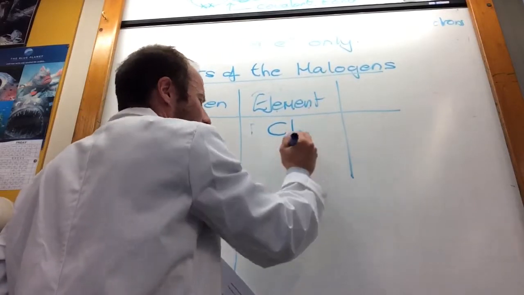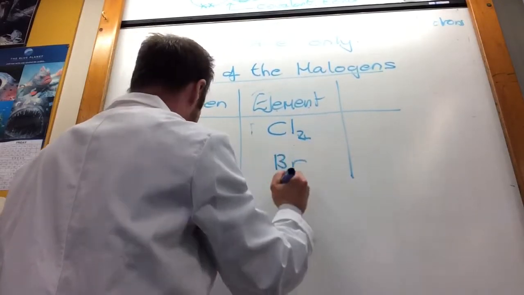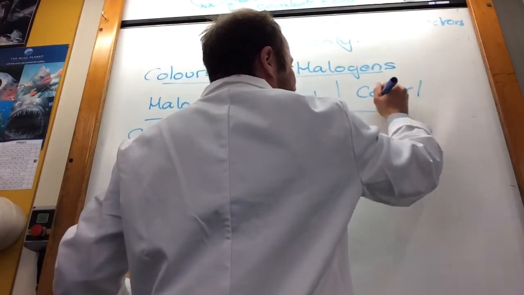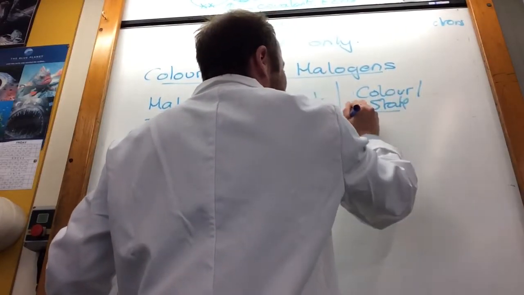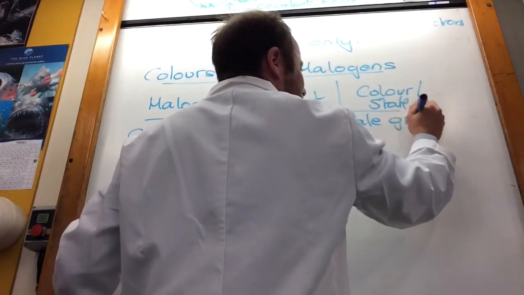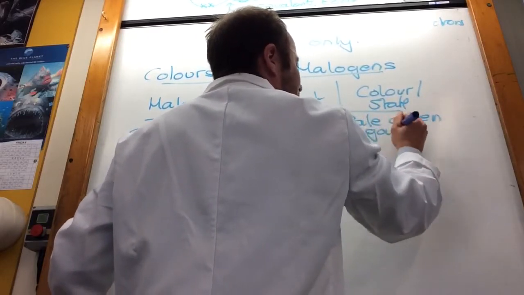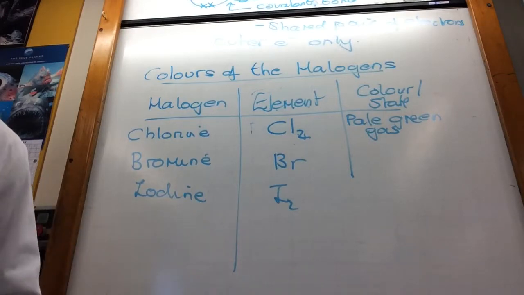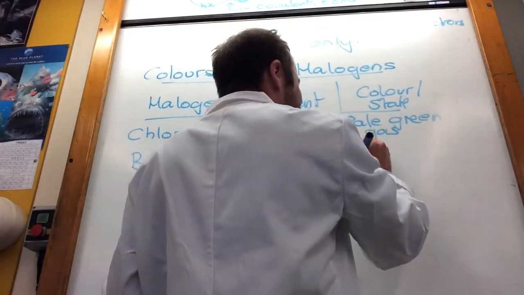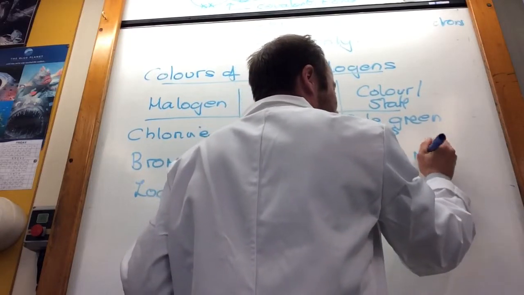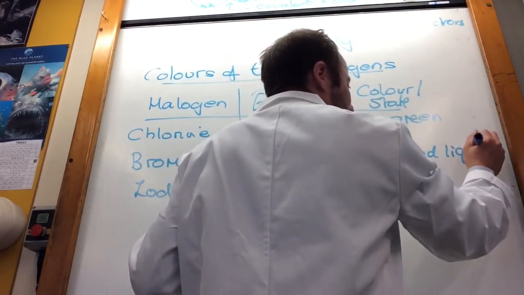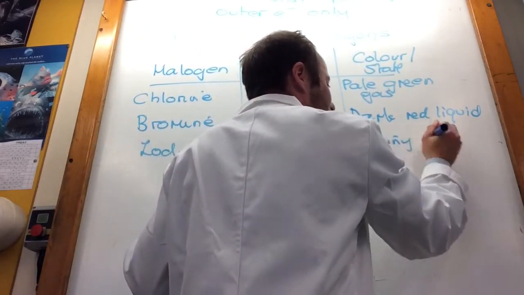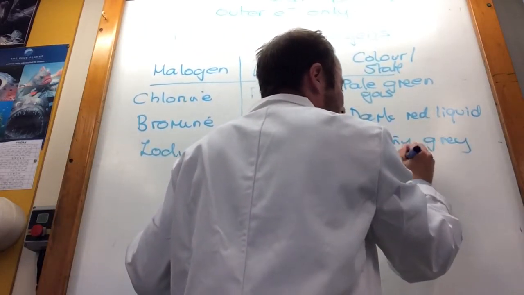Cl2, Br2, and I2, and the colour and state. Chlorine is a pale green gas. Bromine is a dark red liquid. And iodine is a shiny grey solid.